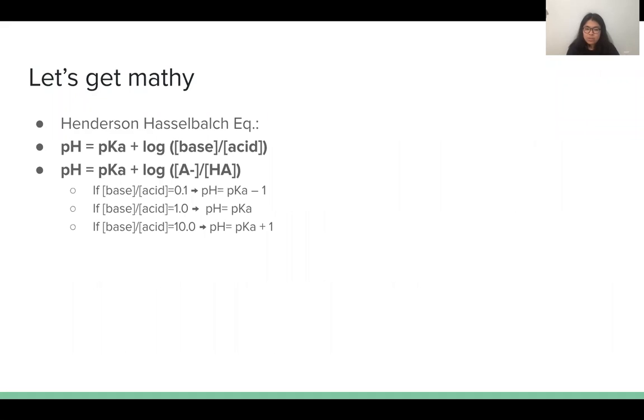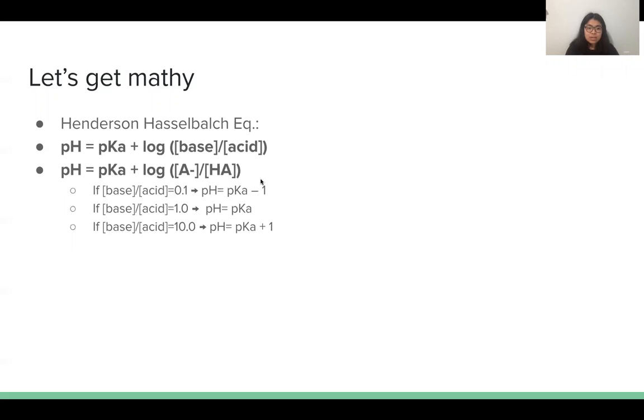Now, let's get mathy with it. How does that actually look with math? Well, you're going to look at your Henderson-Hasselbalch equation, and that is essentially pH equals pKa plus log of base over acid.